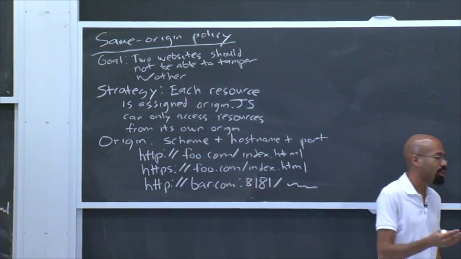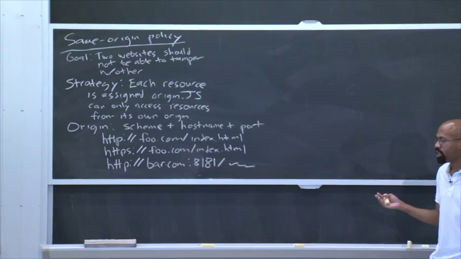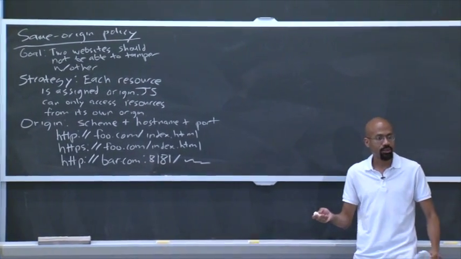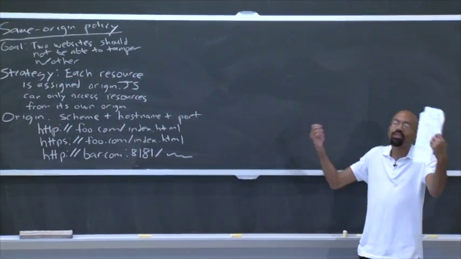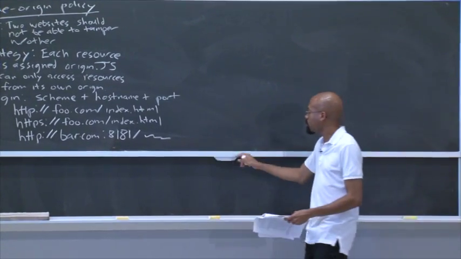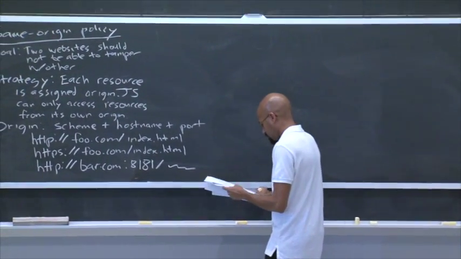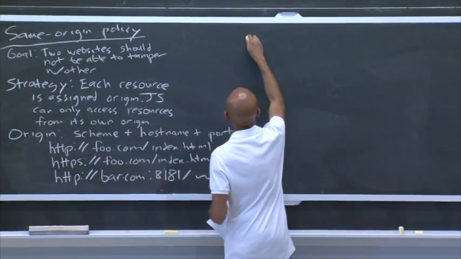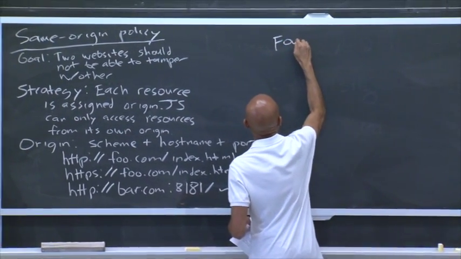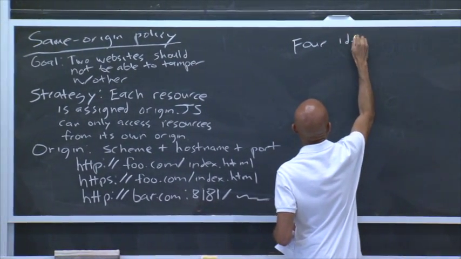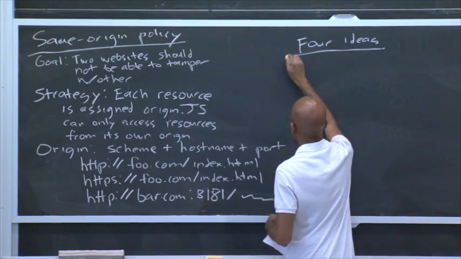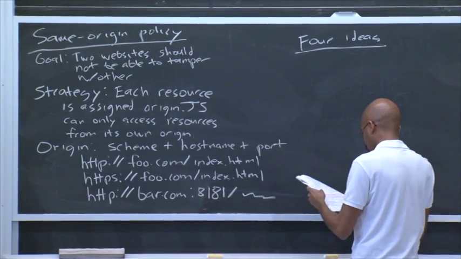Loosely speaking, you can think of an origin as a UID in Unix, with the frame being loosely considered like a process. So there are 4 basic ideas behind the browser's implementation of the same origin policy.